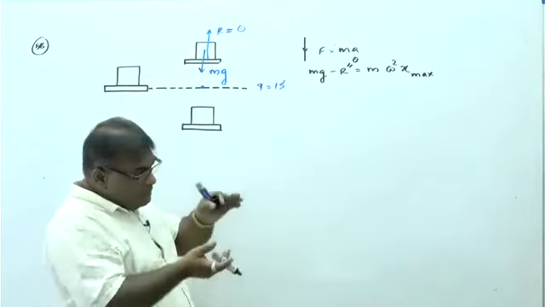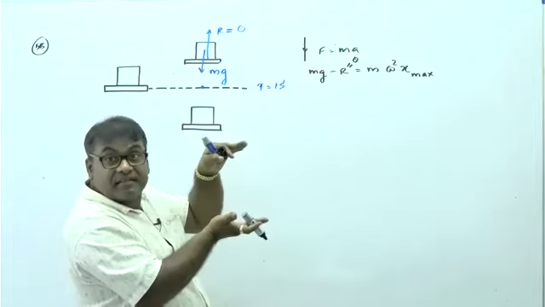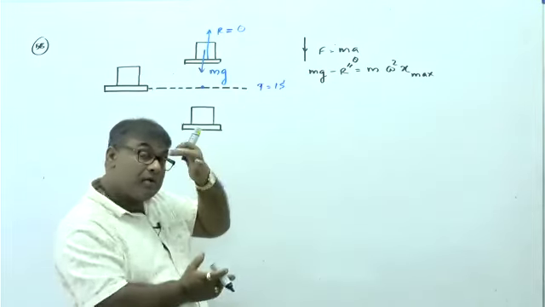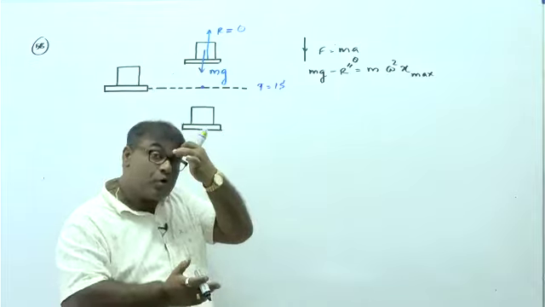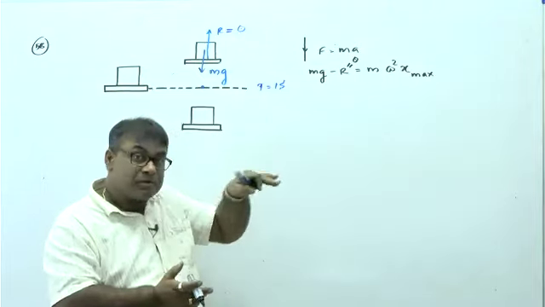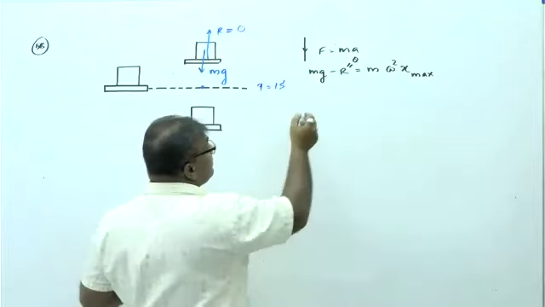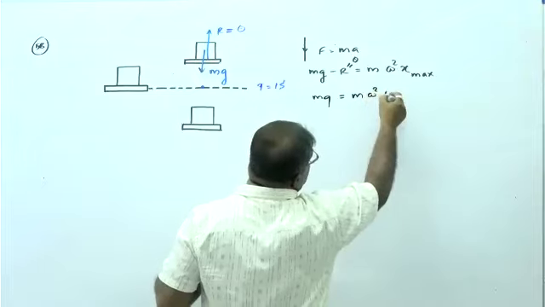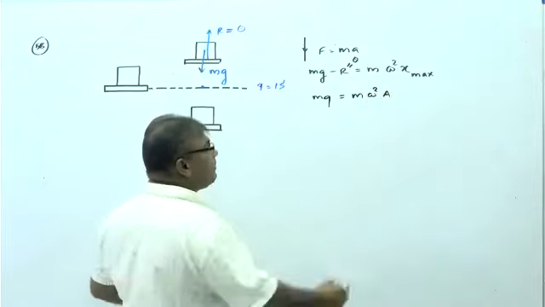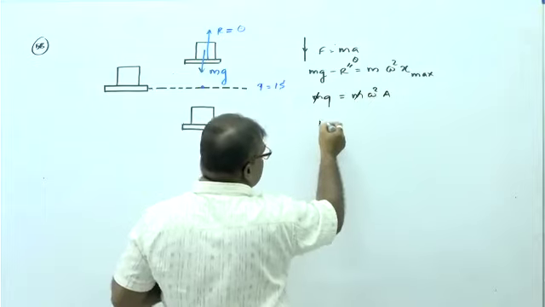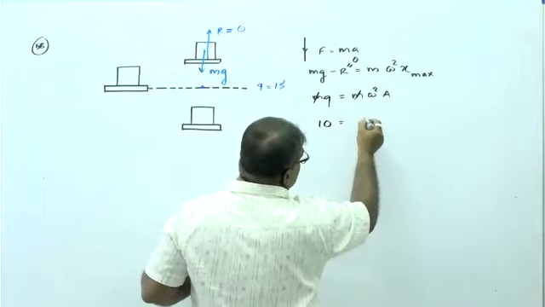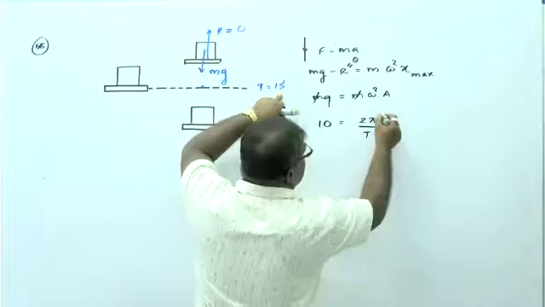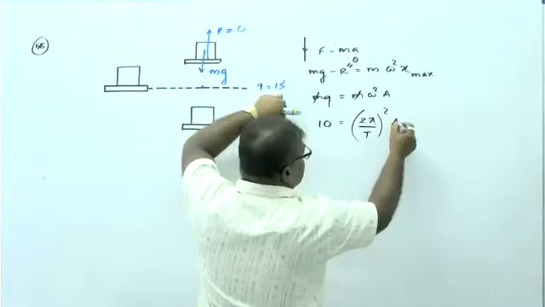You should know it, right? When the object flies off from the piston, detaching the object from the piston, then R is 0. It's mg equals m omega squared A, m cancels, g is 10. Here the periodic time T is mentioned, omega is 2 pi over T, squared, times A. They need A, no?